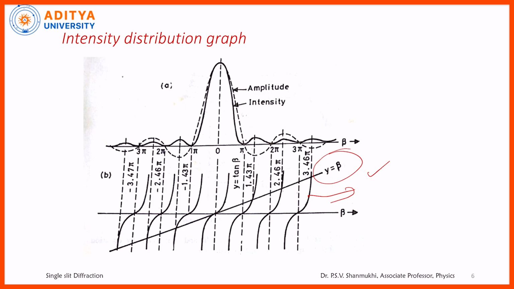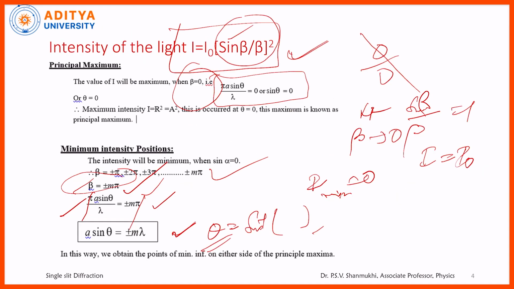What are those points? Already at β is 0 and at 3π/2, 5π/2, 7π/2, etc. 3π/2 means 1.5π we should get. Already β is equal to 0 we have discussed, that is the central maximum or principal maximum, already over.